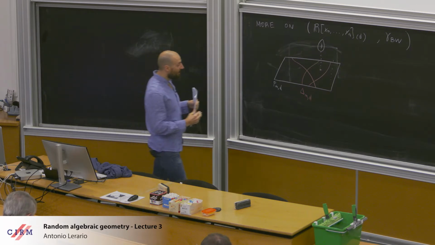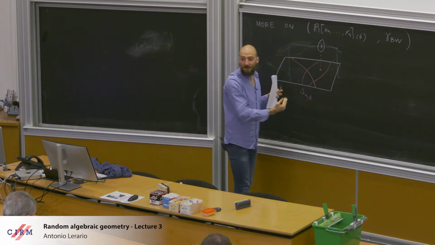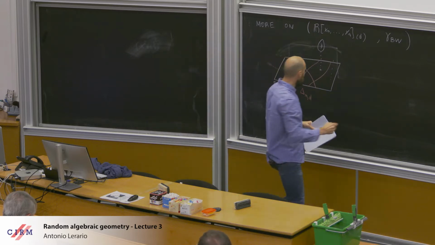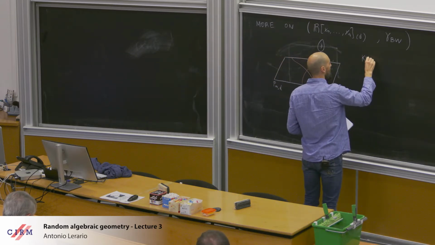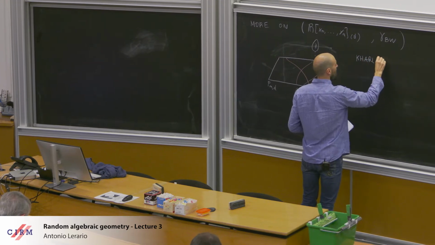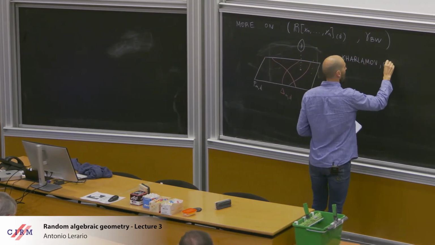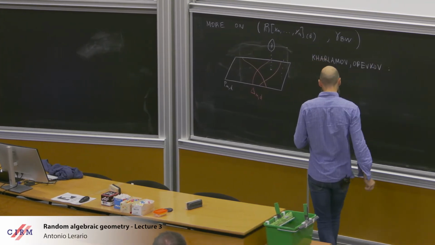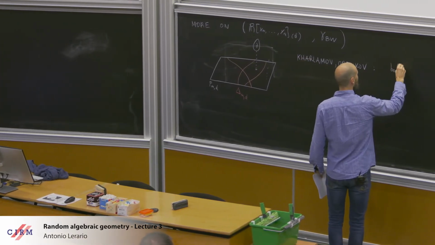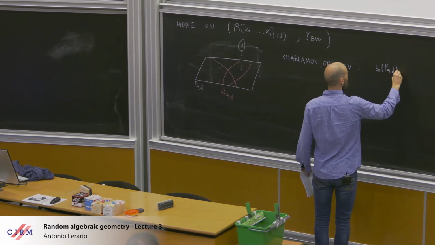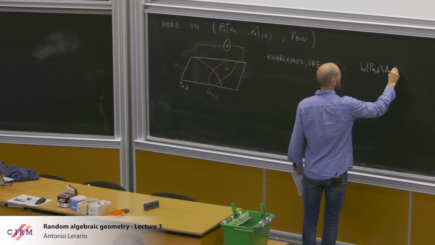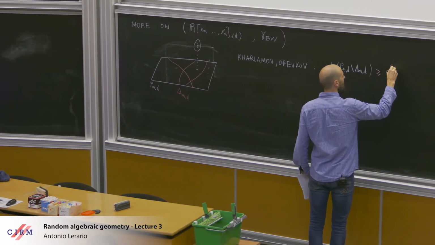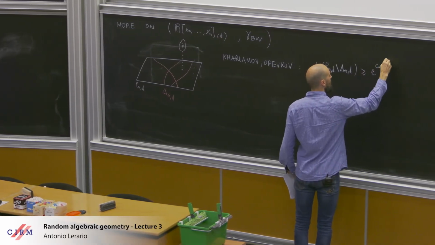You might wonder how many such possibilities there are, and there is a nice result by Karlamov and Norekov, who proved that the number of connected components of this set is larger than some constant e to some constant d to the n.